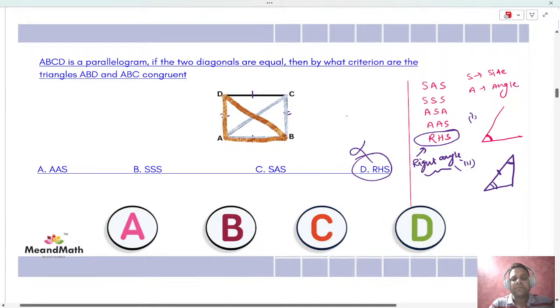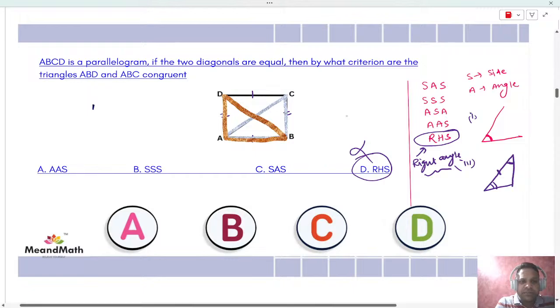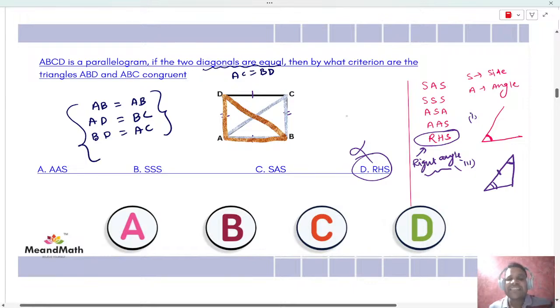अब आपको और हमें दो चीजें क्लियर दिख रही है, that AB is equal to AB, AD is equal to BC, and the question says diagonals are equal. Diagonals are equal means AC is equal to BD. So we can use AC is equal to BD. So BD is equal to AC. Here, all three sides are equal.